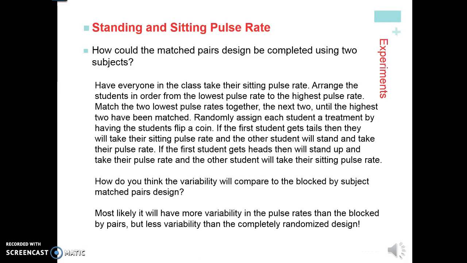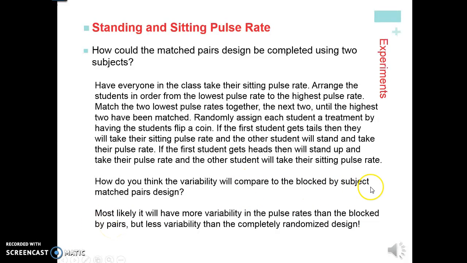Okay, so most likely there's going to be more variability in the pulse rates than the blocked by subject, but less variability than the completely randomized design. I apologize, this should say it's going to have more variability than the blocked by subject.